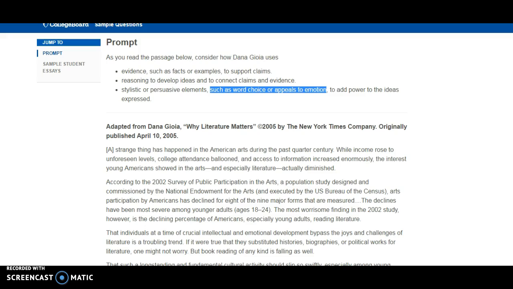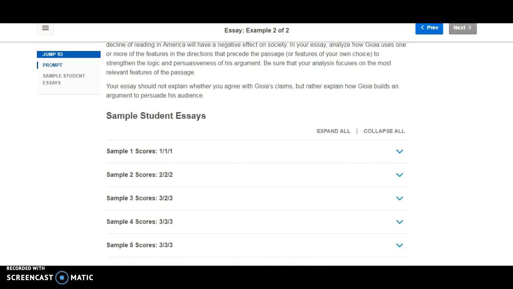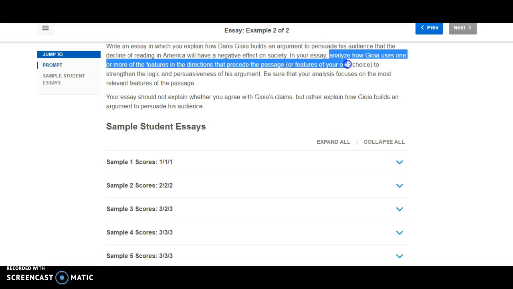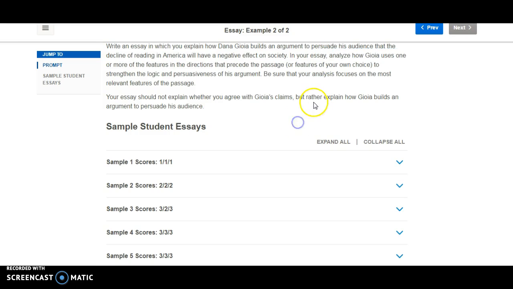What words are they using to be persuasive? And we are being asked to analyze, explain how he builds this argument. In other words, analyze. So that's the SAT.